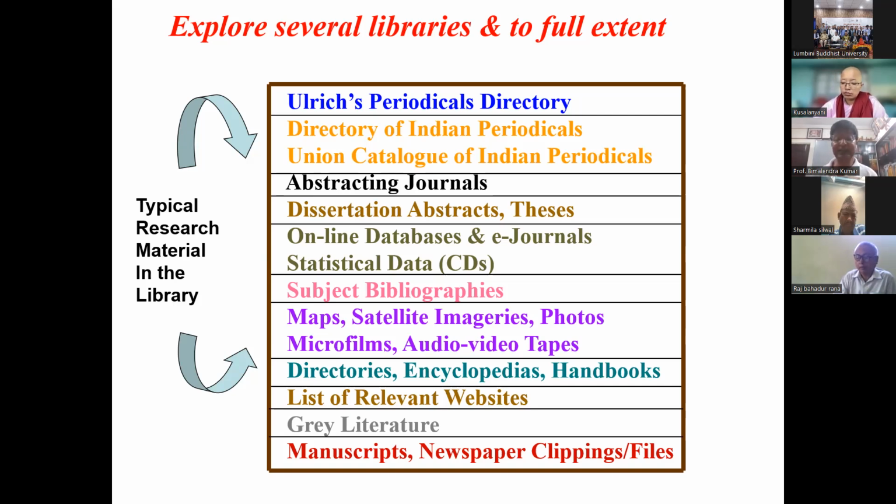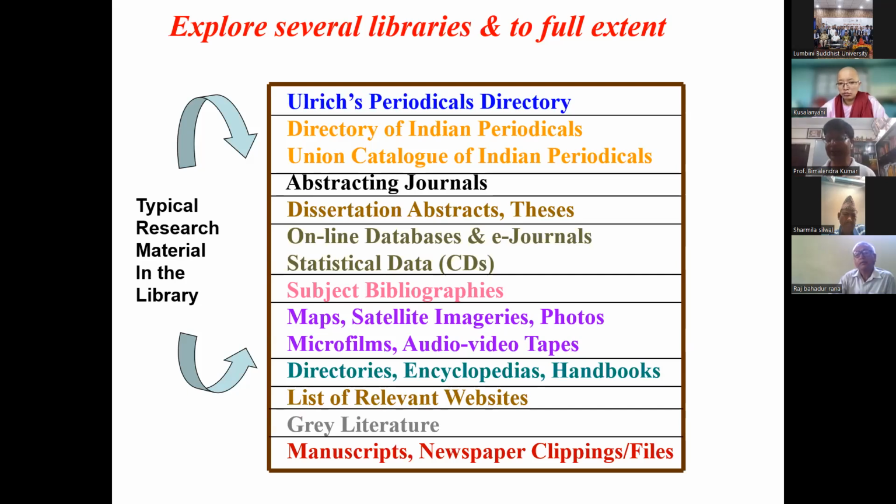Then dissertation abstracts and theses. If you go to the library, you will find there is a University Central Library. You will find that there is a dissertation or thesis section where all the dissertations and theses are kept. Once you have access to those theses, you can go through them and find what you need.